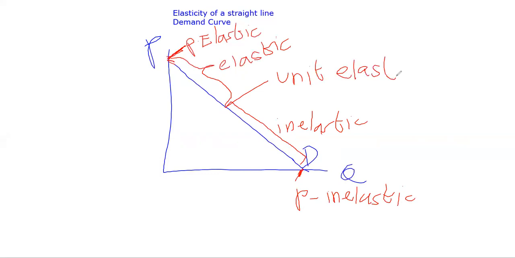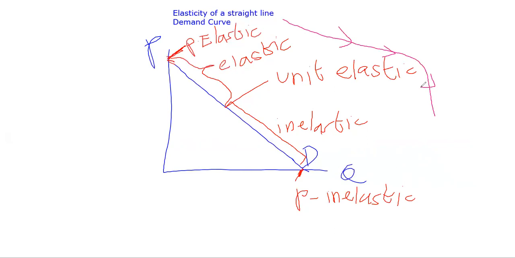So if you really look at it, the elasticity value, as you go from left to right on the demand curve, goes from infinity to greater than 1, then equals 1, then less than 1, then 0. That's the idea.